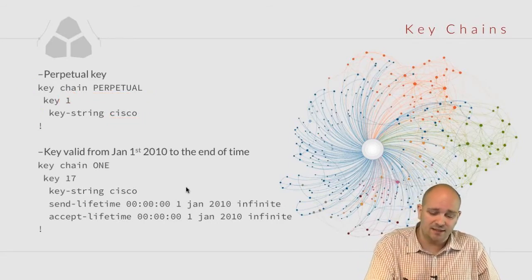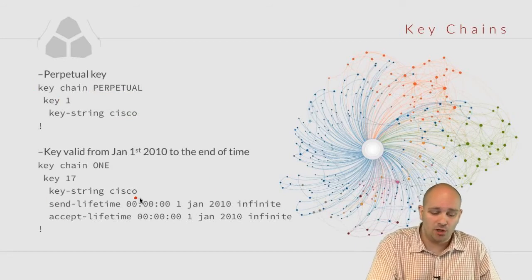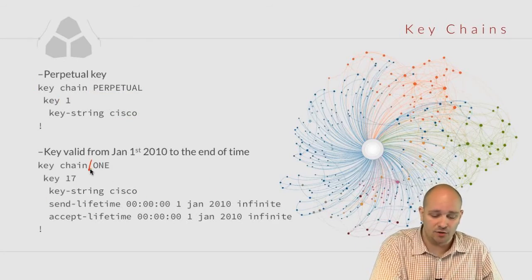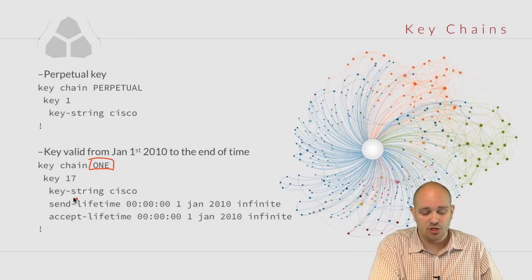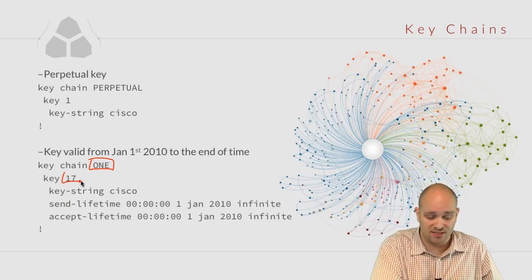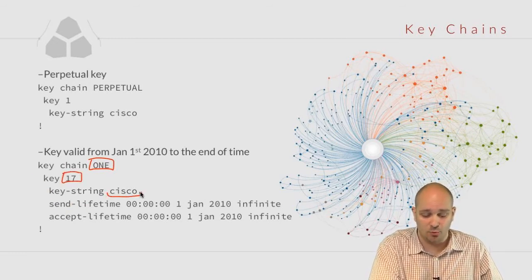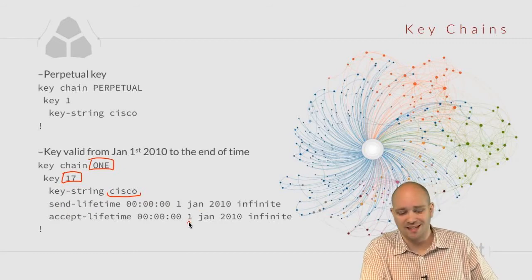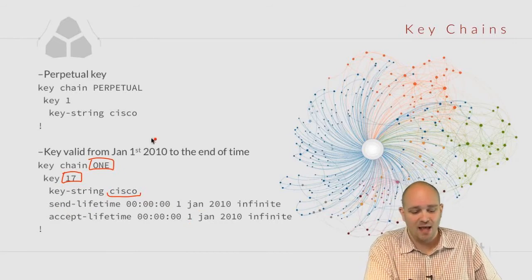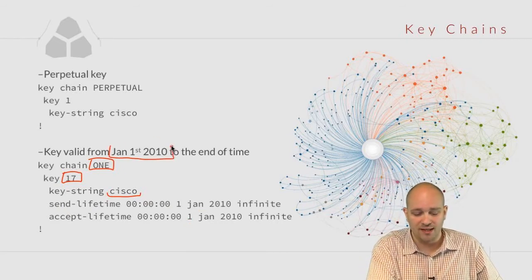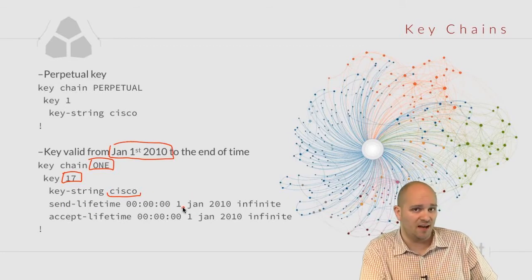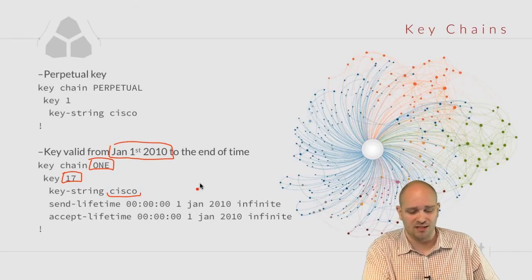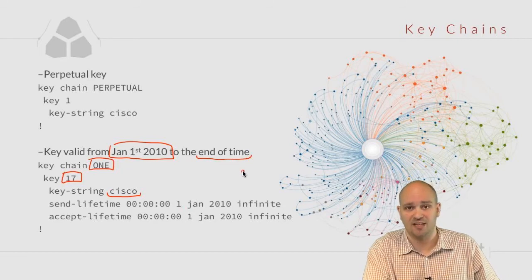In the second example here, we are defining a keychain under the name 1, which is going to be using key number 17 with the password Cisco. However, this key is not always valid. My goal here was to create a key that is going to start being valid on January 1st, 2010 until the end of time.